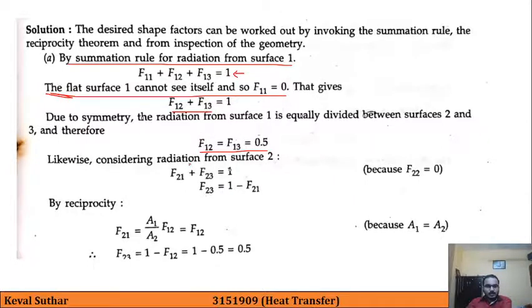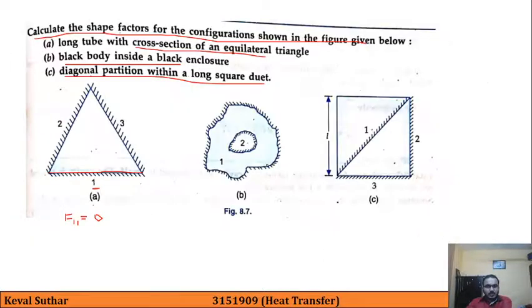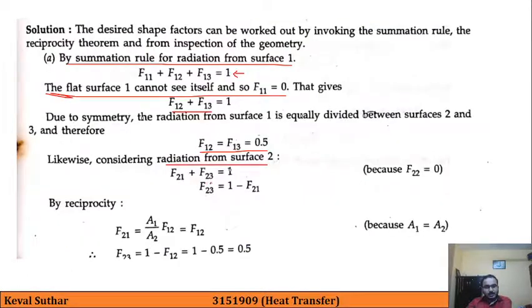Likewise, for radiation from surface 2, F22 will also be 0. So we are only left with F21 plus F23, and we can get F23 equal to 1 minus F21.